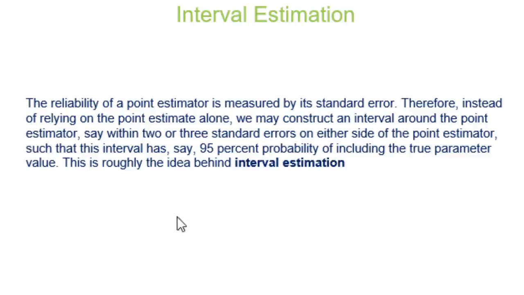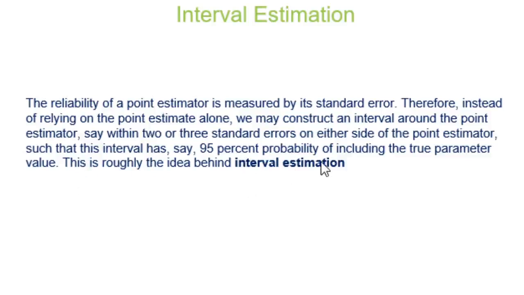The reliability of the point estimator is measured by the standard error. Instead of relying on the point estimate alone, we may construct an interval around the point estimator, say within 2 or 3 standard errors on either side, such that this interval has 95% probability of including the true parameter value. This is the interval estimation.